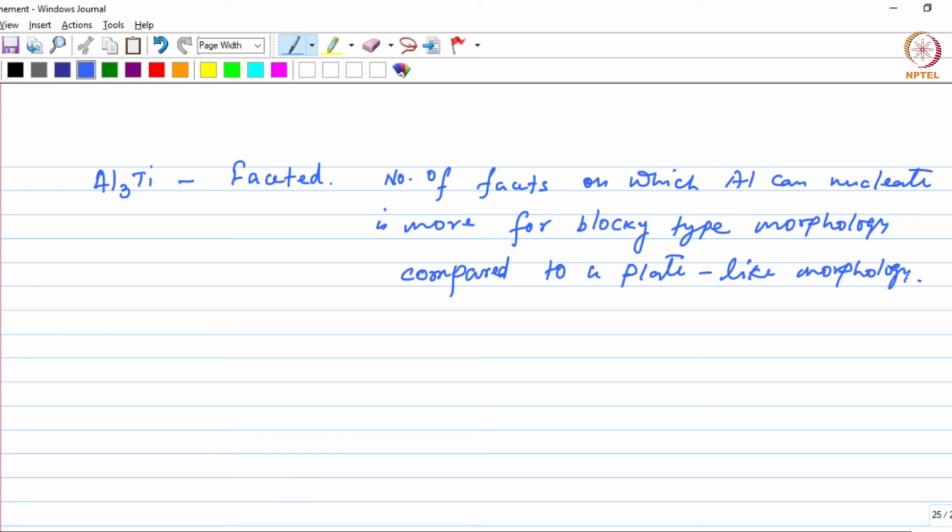And why is this so? Because for the heterogeneous nucleation to occur, the heterogeneous surface has to provide some planes on which there is little mismatch in terms of the orientation between the aluminium and the nucleating surface. So there has to be some planes which can provide a minimum disregistry.